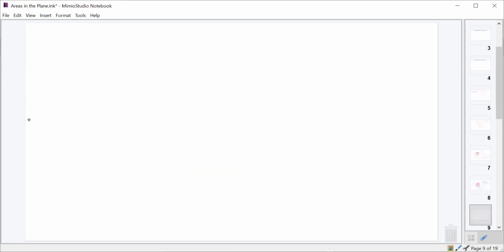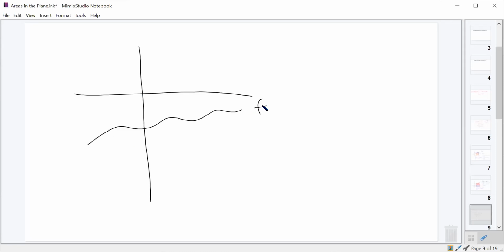All right, well, what about here? There's F, there's G. What if I still want the area between the two of these, but now they're both below the x-axis?